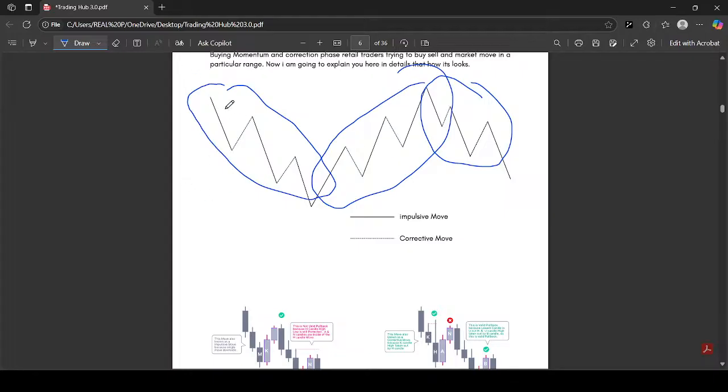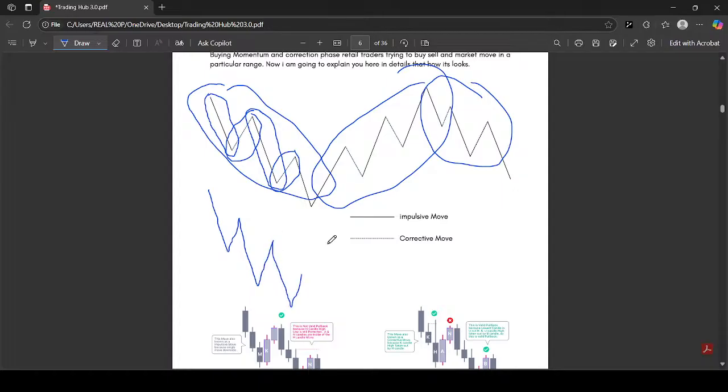In this whole thing, this particular side of this downtrend is our impulse. This other side is our corrective move, and this place is another impulse move, and this place is a corrective move. So you see that in a downtrend, the market goes impulse, correction, impulse, correction, impulse, correction.